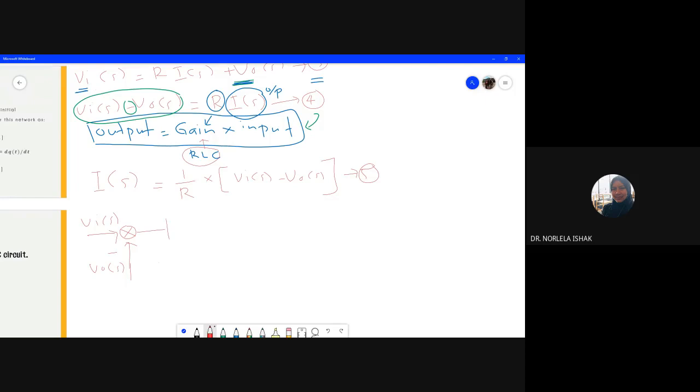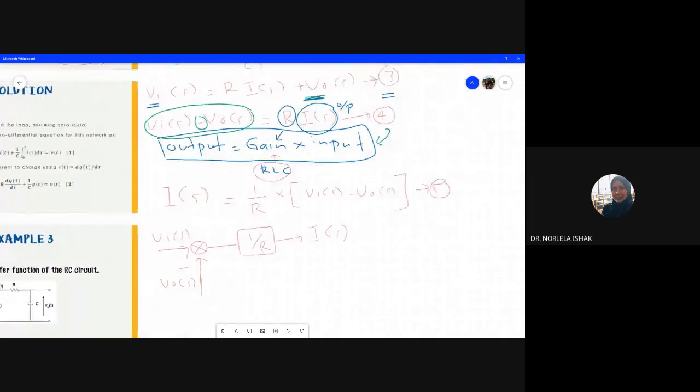What is the gain? Gain is 1 over R. What's the output? Output from here is the current. This is the block diagram representing equation number 5. Class, you follow? Yes, madam.